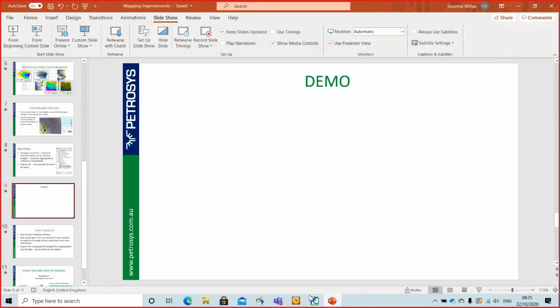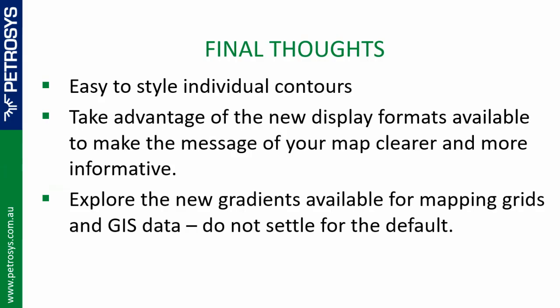Okay, now that's everything I was wanting to show in terms of the demo. Now the next thing I was just wanting to summarize with a couple of final thoughts. So it's important to really consider the message of your map and who the audience is.